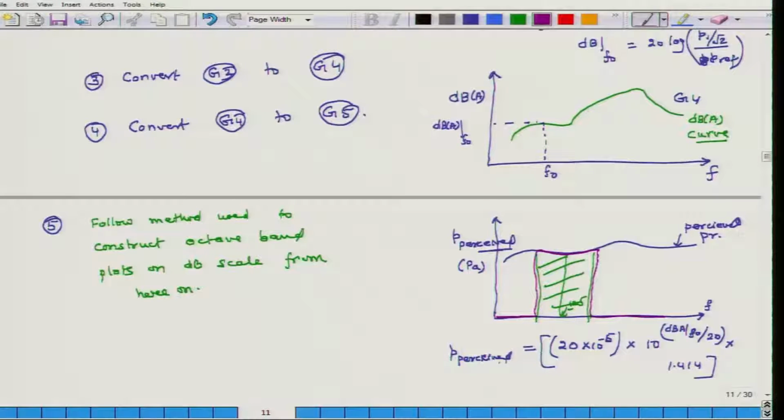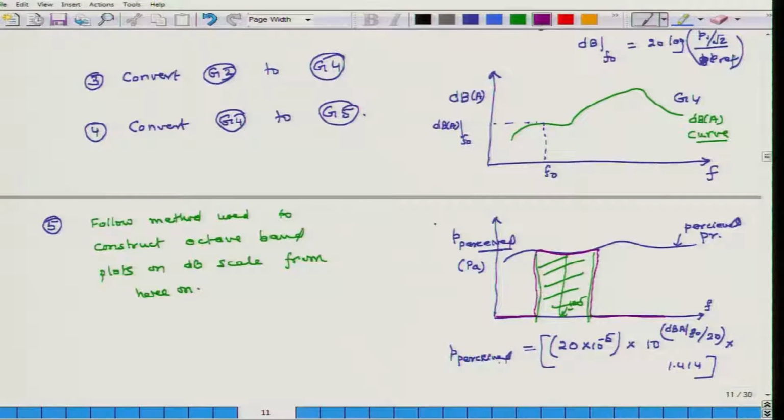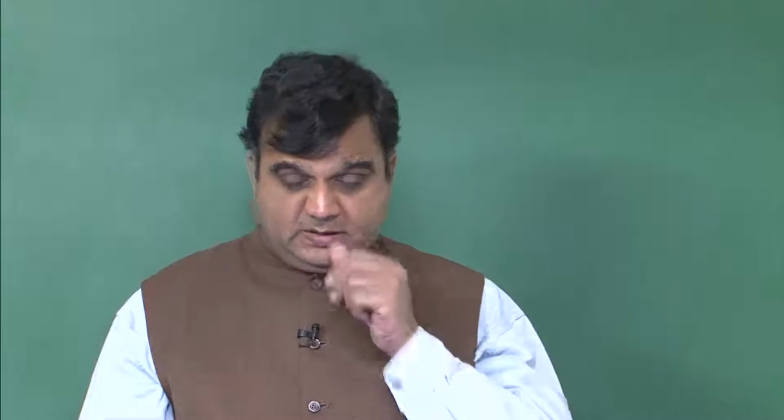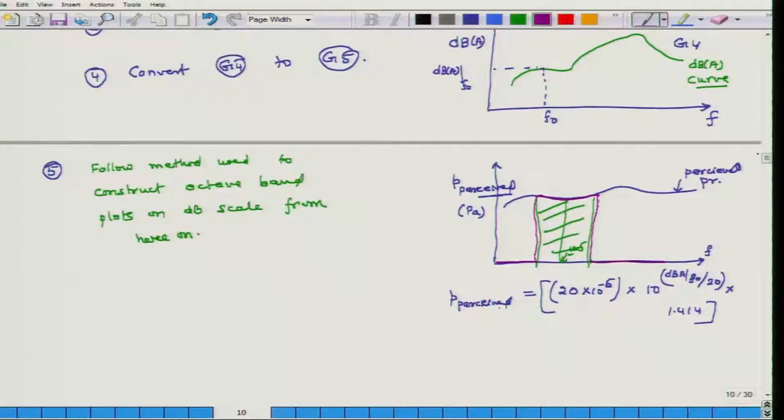Use the phase plot and this modified P perceived curve, compute the RMS, get the value of dB, but it will be dBA, because it is based on this P perceived level, and develop the curve as shown here. So, this is the overall approach. Using this method we can do octave band analysis or 1/3 octave band analysis or 1/10 octave band analysis, whatever, but the overall approach is this.